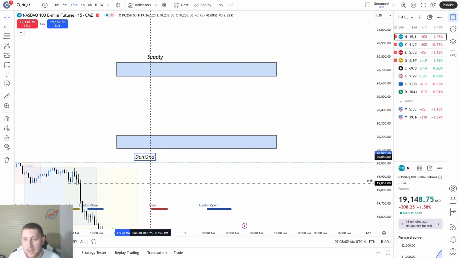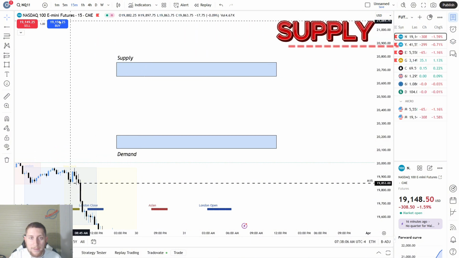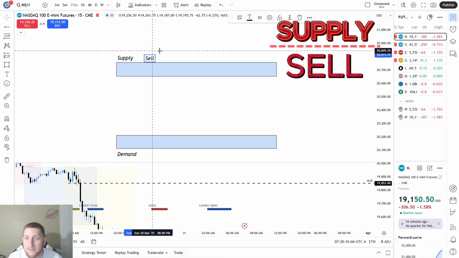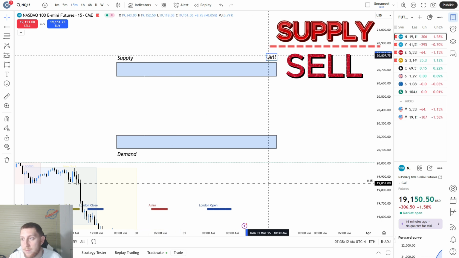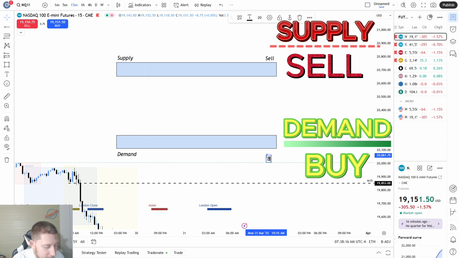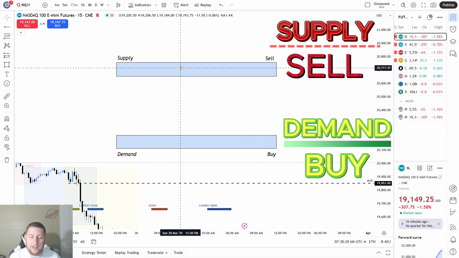For supply, you are going to sell from the levels of supply. So you're going to sell from up here, and the levels of demand you are going to buy from. So demand, buy, supply, sell.